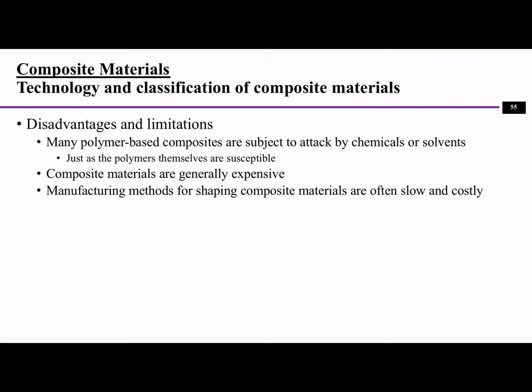So this is some of the limitations, and the application of those materials will be limited. Also, composite materials are generally expensive because of the manufacturing process. It's much more difficult than pure or simple material structures.